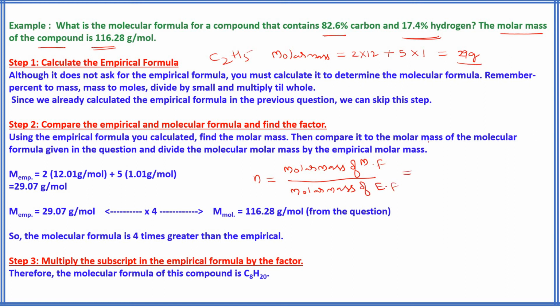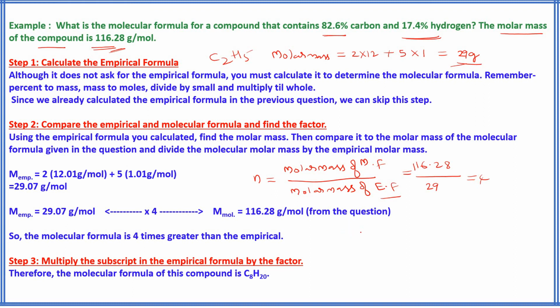The molar mass of molecular formula given is 116.28, divided by the molar mass of empirical formula we got, 29. So we are going to get 4. N is equal to 4.